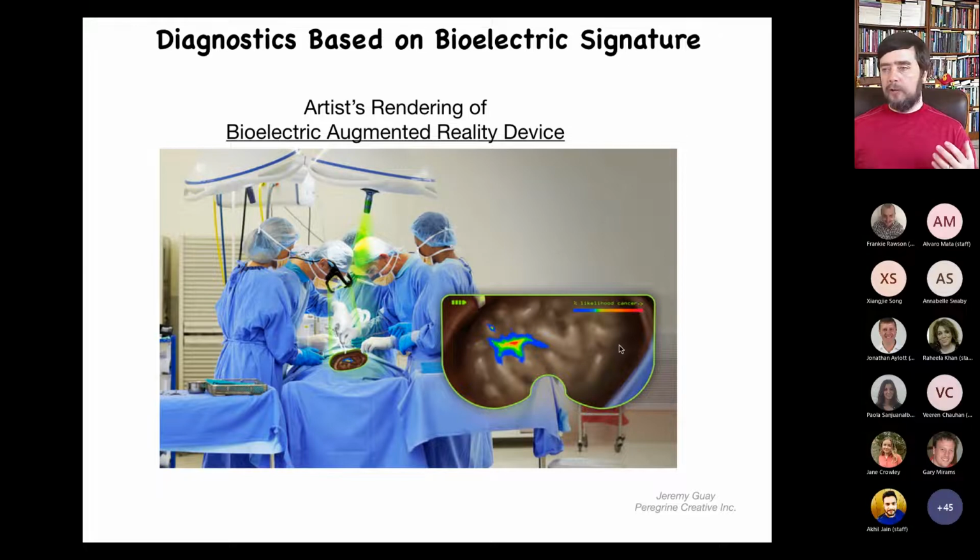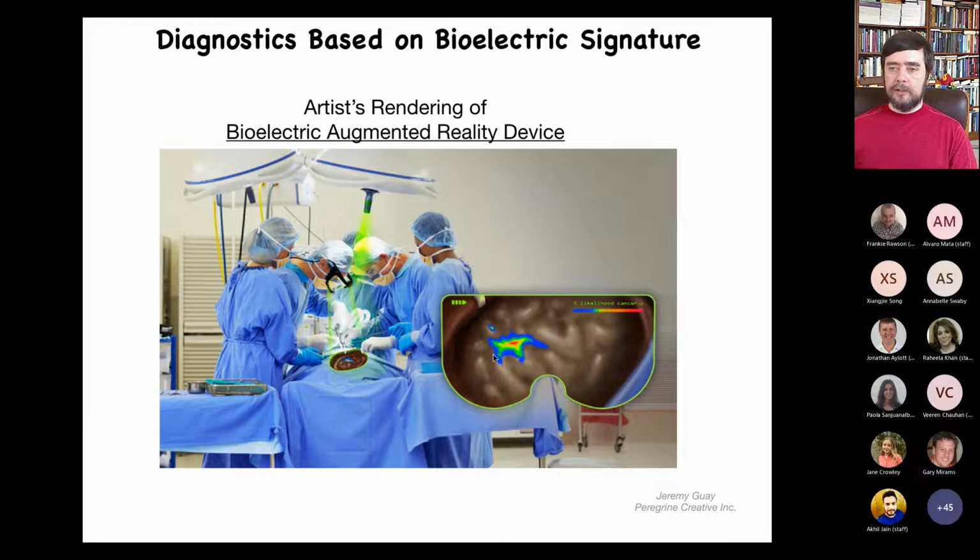So this is a kind of vision of an augmented reality device where on top of whatever the surgeon is seeing, you can paint the bioelectric state that is inferred from the voltage dye data that you've sprayed into the wound, right?